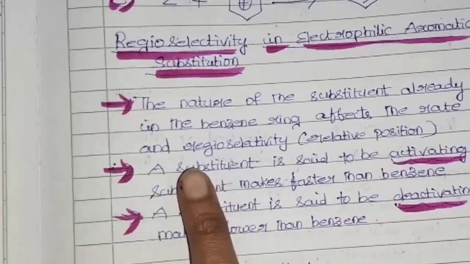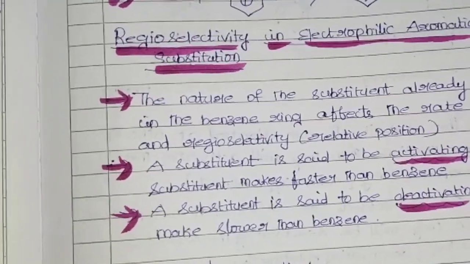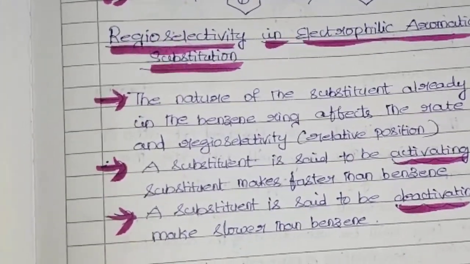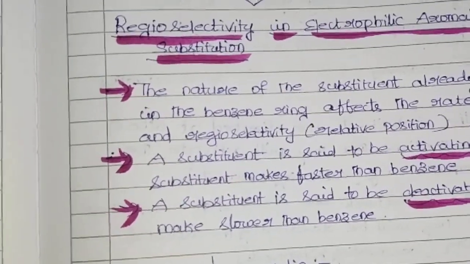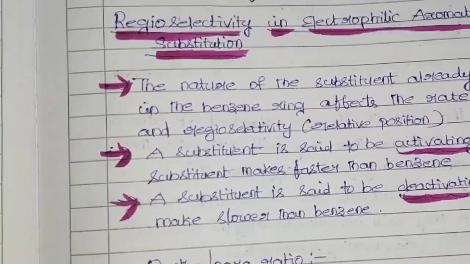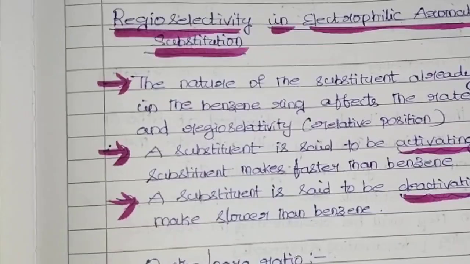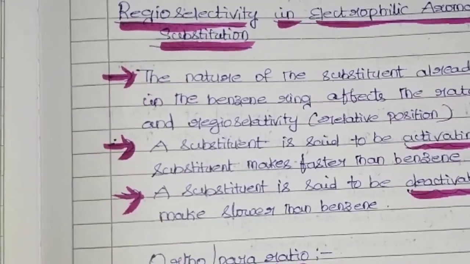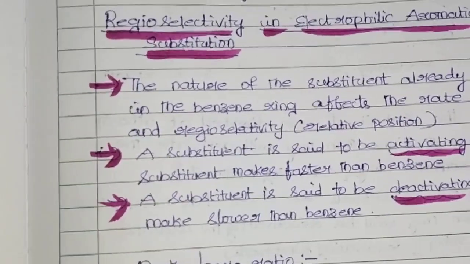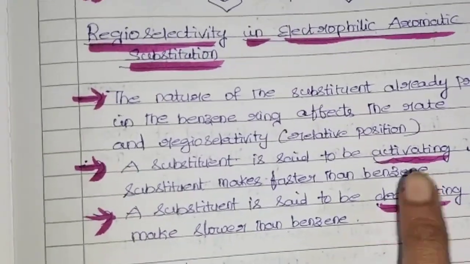A substituent is said to be activating if it makes the substituted benzene react faster than benzene. When we compare it with benzene, if the substituted benzene is faster, it is called an activating group.